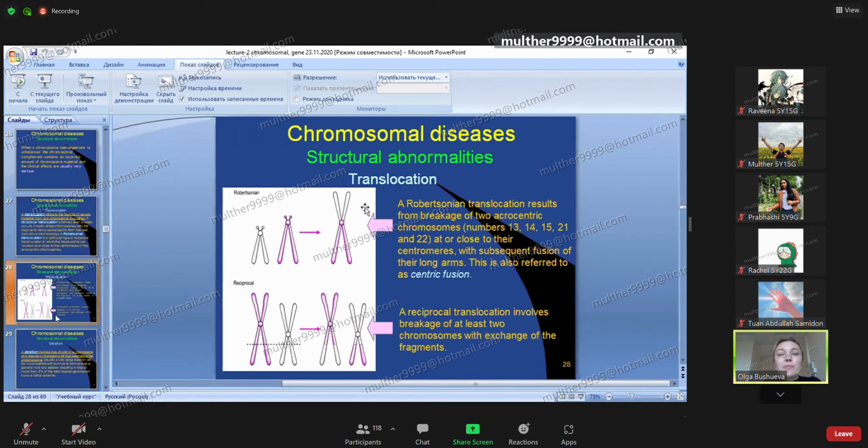We know the following pairs of acrocentric chromosomes: 13, 14, 15, 21, and 22.